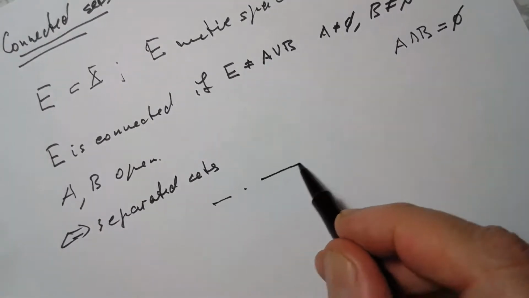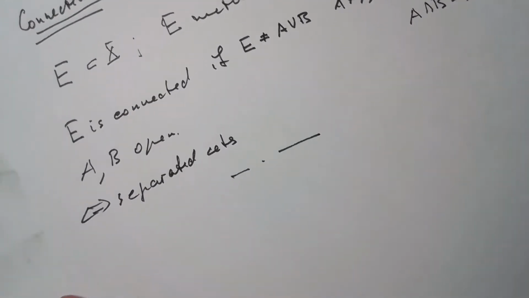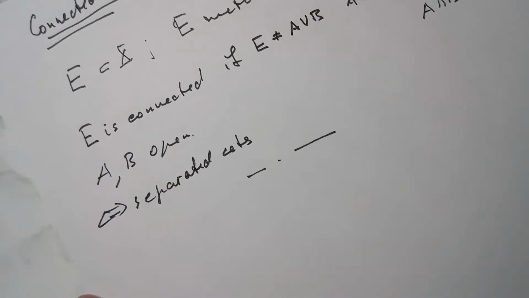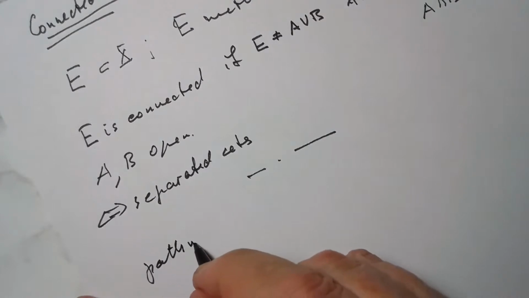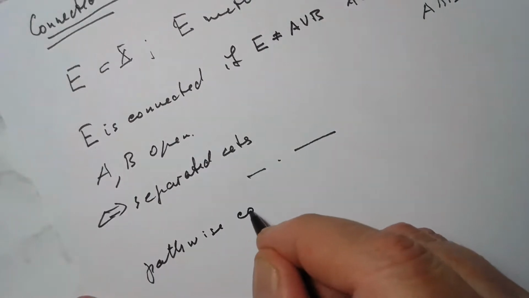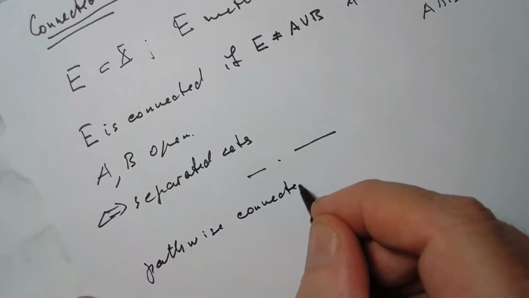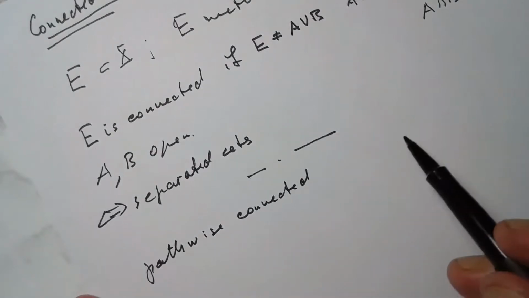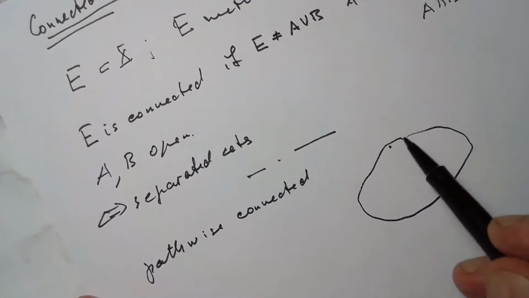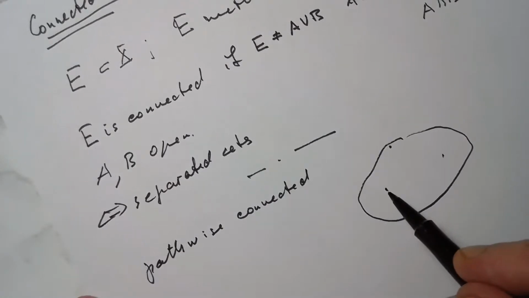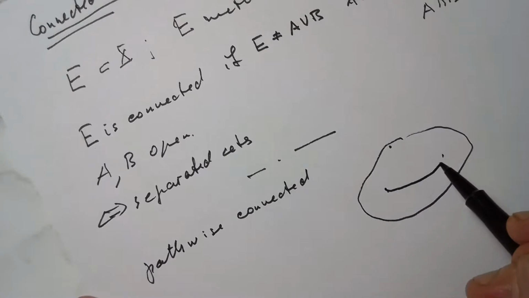Also, if you study topology and get to it, there are many other types of connectedness. There is something called pathwise connected. What that means is that if I have any two points, I can draw a continuous curve which connects those two points.